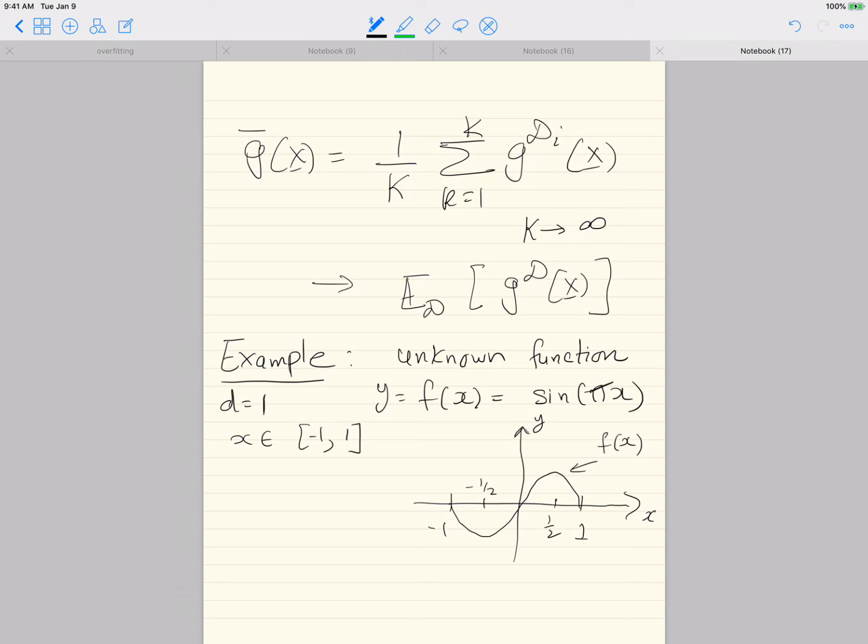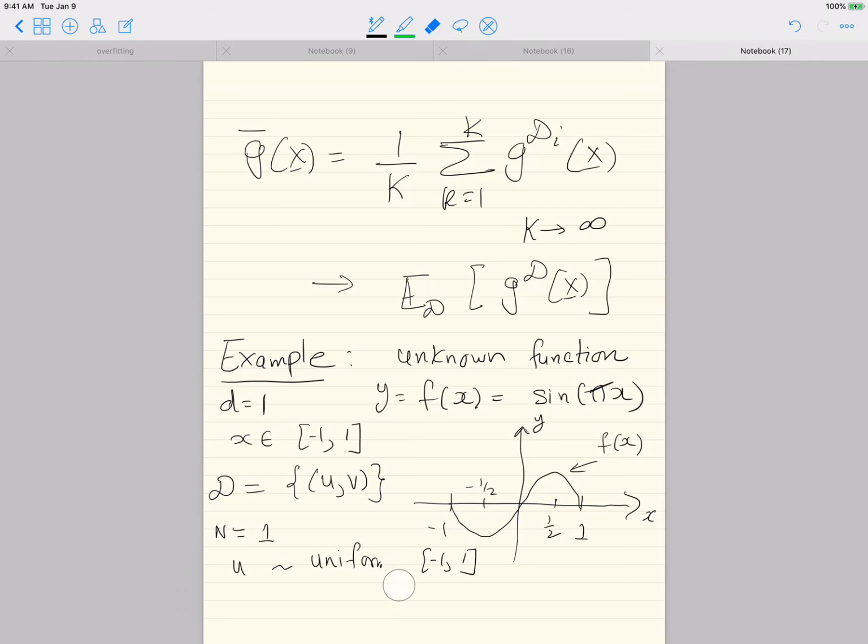Okay? Now, of course, you don't have this function, otherwise there was nothing to learn. We will assume that you only get one sample. So your data set D consists of only one sample. So it consists of a point u comma v. So n is 1 here. We'll assume u is sampled uniformly from -1 to 1.